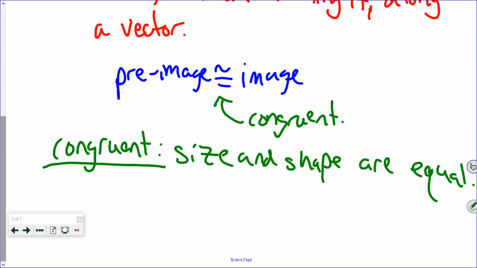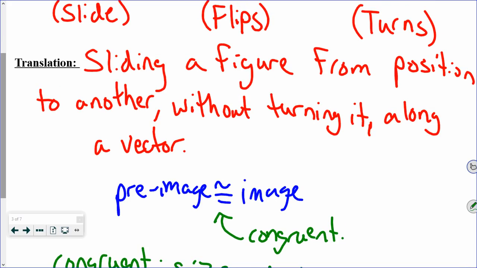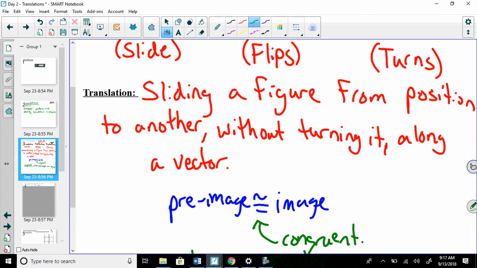So again, translation, we slide a figure from one point to another. So we start with a pre-image, we translate it or slide it to an image along a vector, and we know that the pre-image is the exact same size and shape as the image, which means the pre-image is congruent to the image.